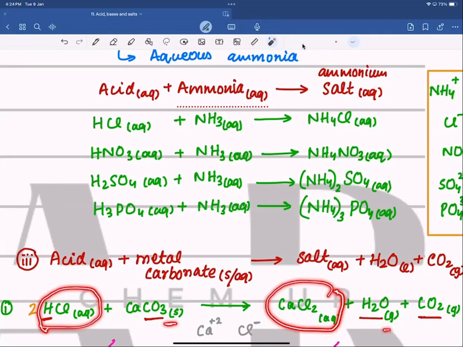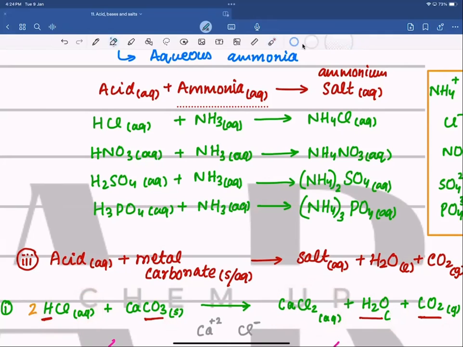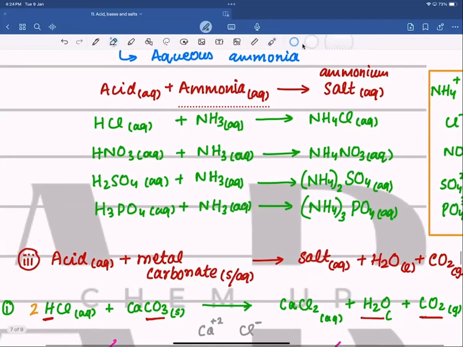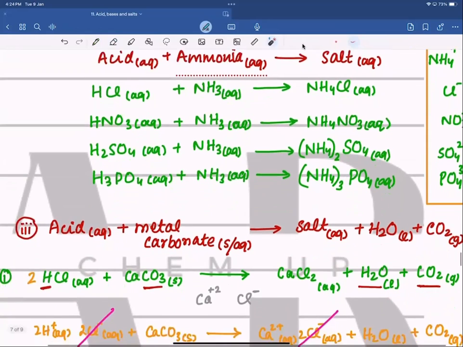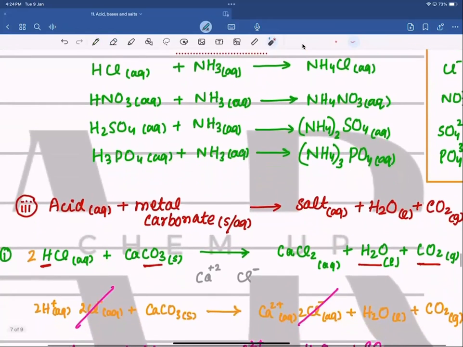The rest are solid, liquid, and gas. So we keep the solid, liquid, and gas as they are, and we split these two aqueous into the ions. See, we did this.